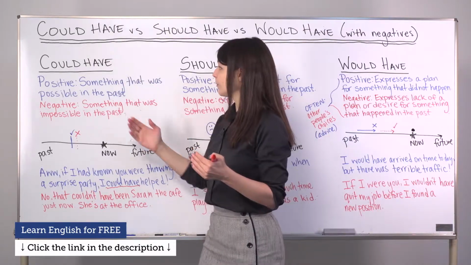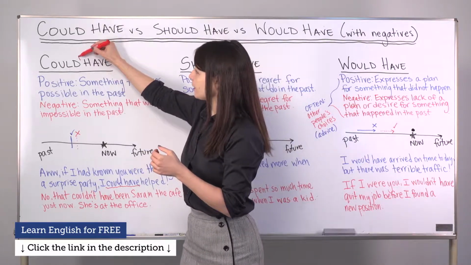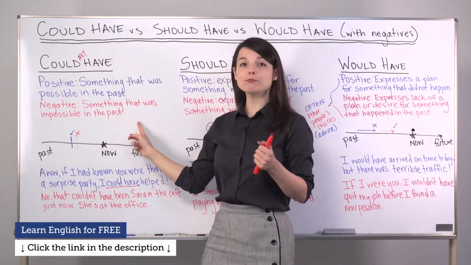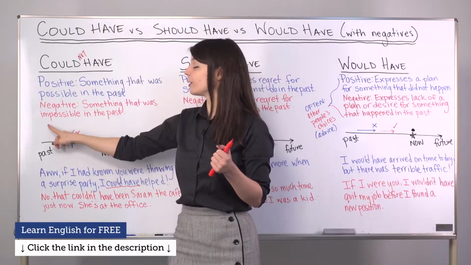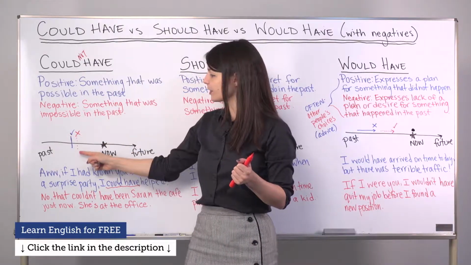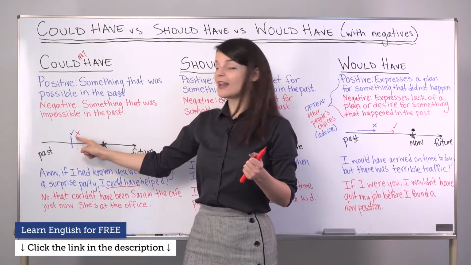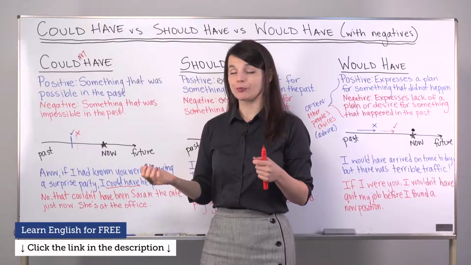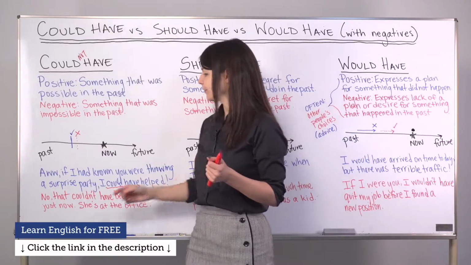So in the negative, could not have expresses something that was impossible, so not possible in the past. So here, it's something that was not possible, something we were not able to do. Let's look at an example of this.